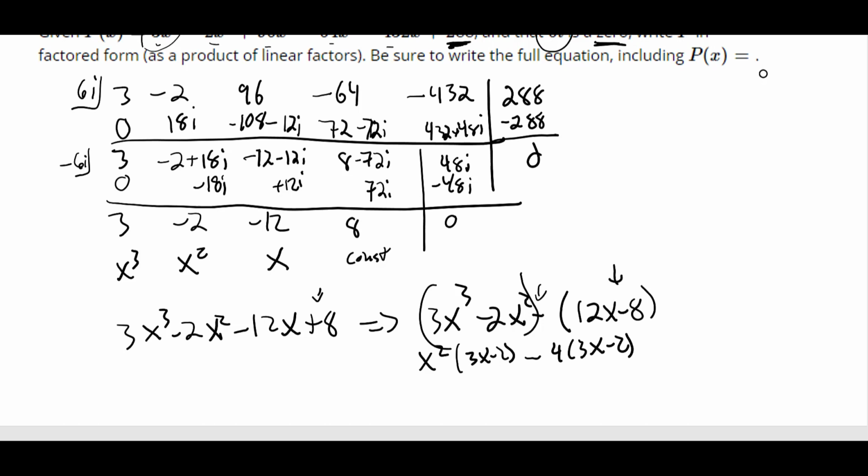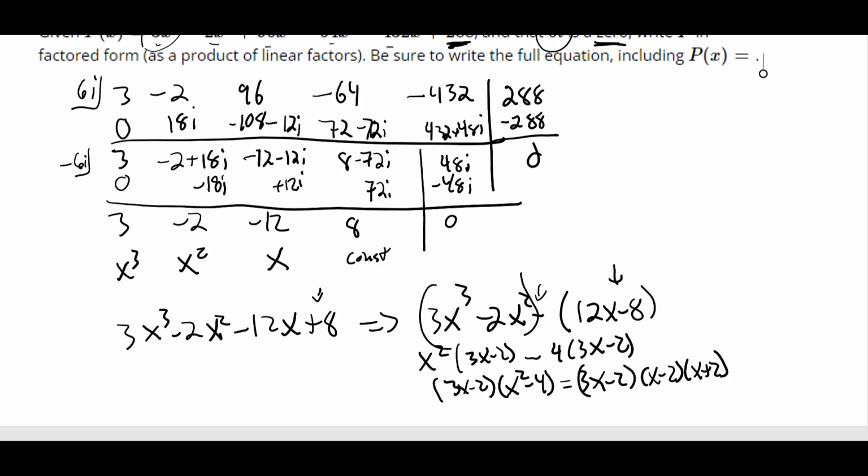So I have, how far can I write on this? Let me write the 3x minus 2 first. So I'll have 3x minus 2 times x squared minus 4. And this would factor to be 3x minus 2 times x minus 2 times x plus 2.